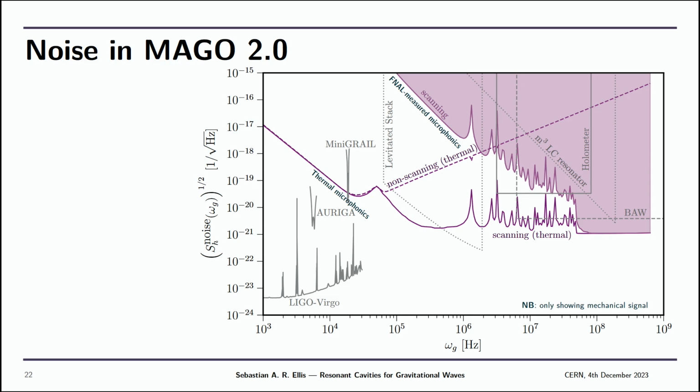And I'm scanning electromagnetic frequencies so that for any given omega g here, I'm assuming that omega 1 and omega 0, the signal frequency and the background frequency, are selected so that their difference is equal to omega g. I'm also taking one where I have just thermal microphonics. And so obviously that is much, much better. And then you'll see in dashed I have this line called non-scanning.